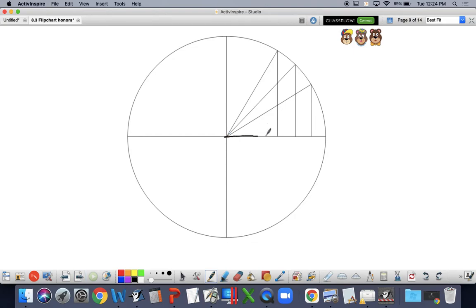I'm going to first start with just the black lines here, our quadrants. So I have 0 degrees, or 360 degrees, or 2 pi.